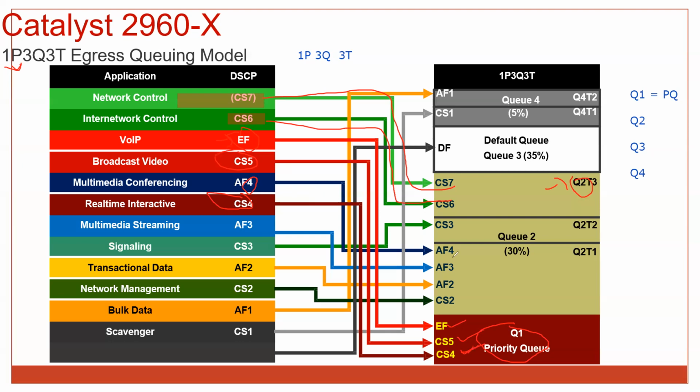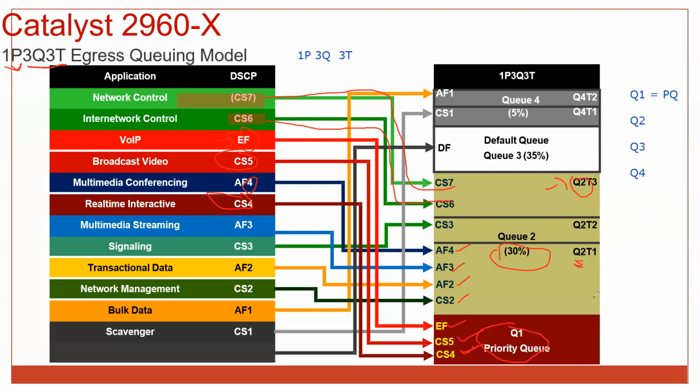Now you can see AF4, AF3, AF2, and CS2. This is going to Q2. This is something that needs some more bandwidth reservation, so that's why it is 30%. So it is going to Q2, but I told you earlier that this is Q and 3T, meaning one queue having three thresholds.